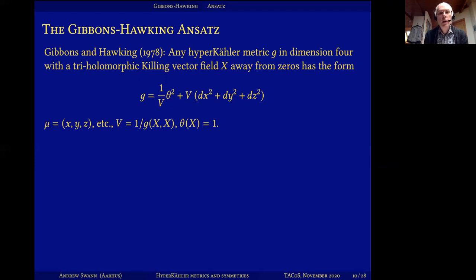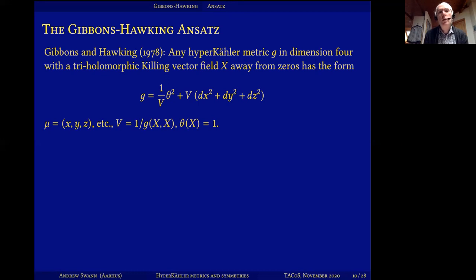And the rest of the metric is actually given by the moment map. So the theta squared term gets multiplied by 1 over V, and the rest of the metric is given by the squares of the components of the moment map multiplied by V. I've written the components here as x, y, z rather than mu I, mu J, mu K, because you want to think of these as coordinates on R3, at least locally.